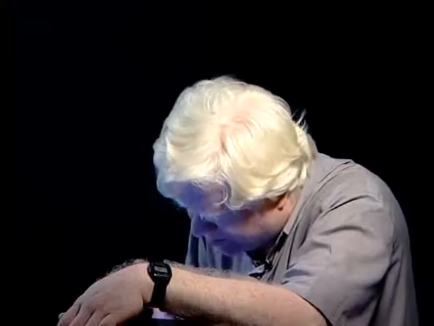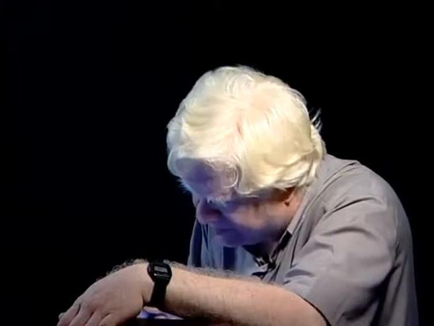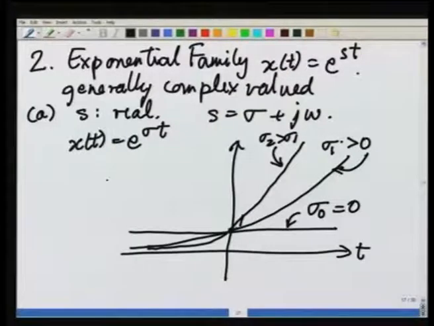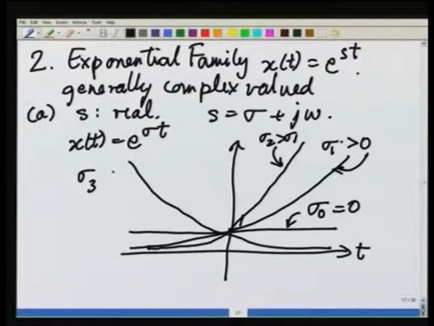I will erase this comment again, because we are short of space. And go back to the graph. What if we choose sigma to be negative? Let us take sigma 3 to be less than 0. We would get a curve like this. This is sigma 3 less than 0.